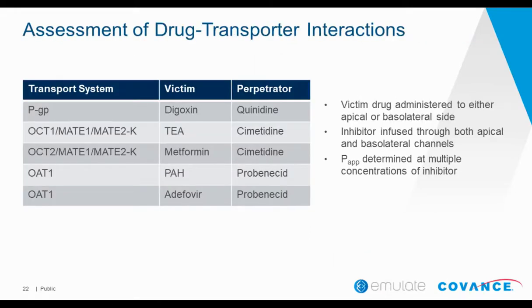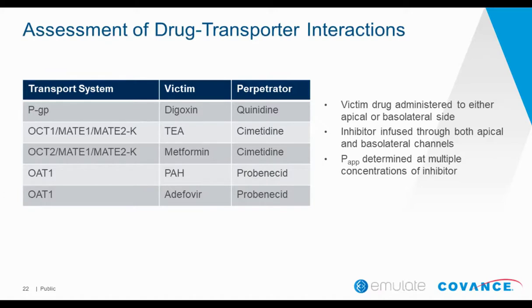So while activity in and of itself is great, it's really the initial step that we wanted to accomplish. What this really comes down to, though, is whether we're able to show a strong assessment of the drug transporter interactions.